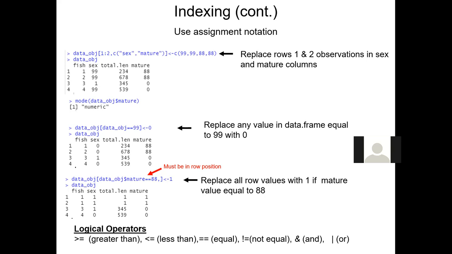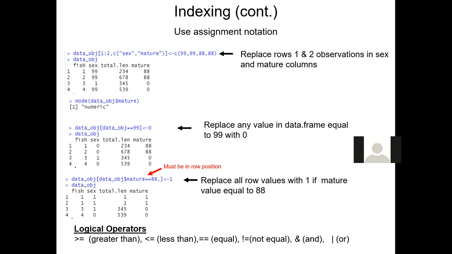So if you look at the new column, that column has been changed to a numeric column. So you have to be careful doing things like that. And the example just below that, using the mode function, tells you that it's numeric. So it's been changed from a logical column to a numeric column.